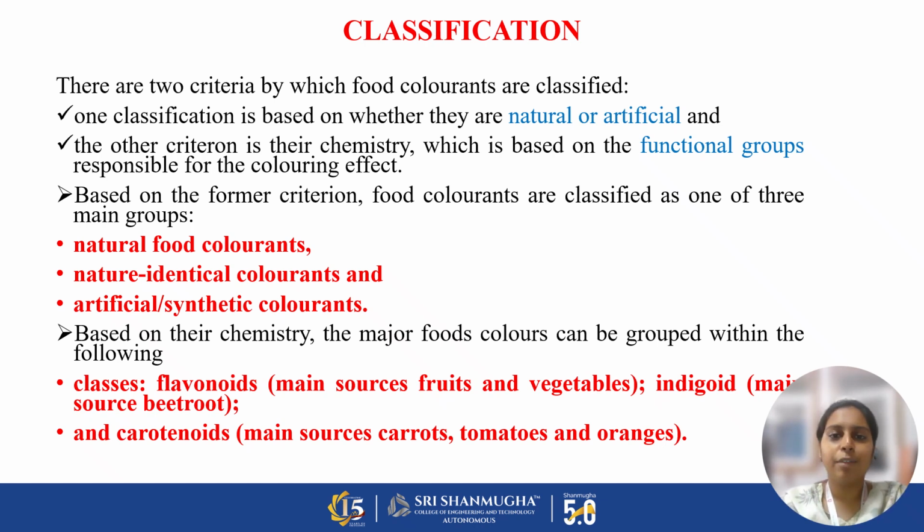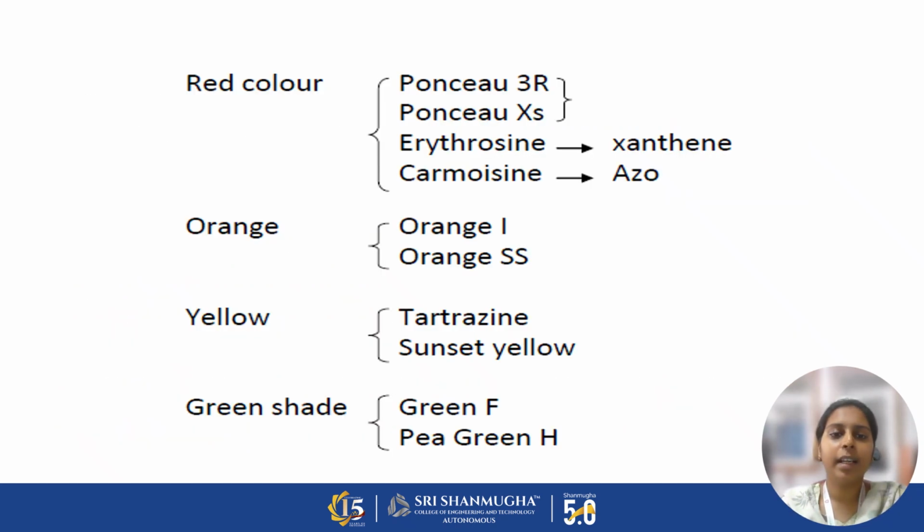Flavonoids are pigments which are rich in fruits and vegetables, mainly found in beetroots. Carotenoids are plant pigments rich in orange and yellow colored fruits and vegetables, for example carrots, tomatoes, and oranges.